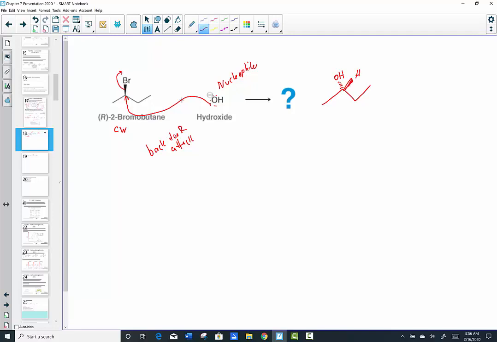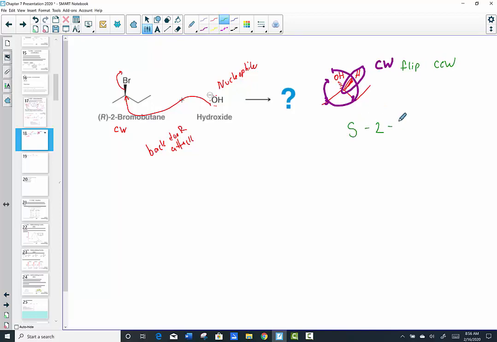So let's verify that that indeed has happened. Top priority is number 1. Here's 2. Here's 3. When I spin, I have a clockwise rotation, but the hydrogen is a wedge, and so we flip and we get a counterclockwise. This is now the S configuration.